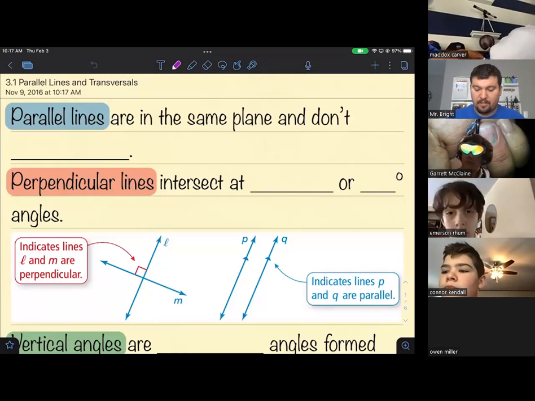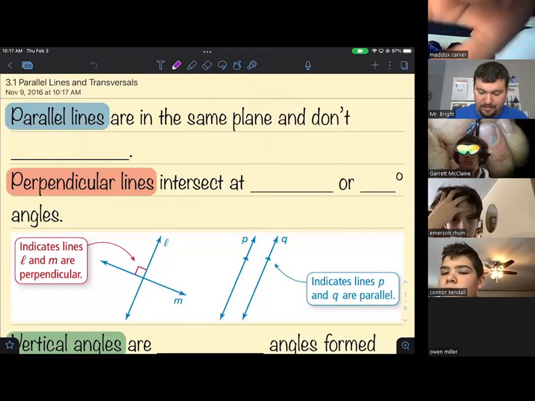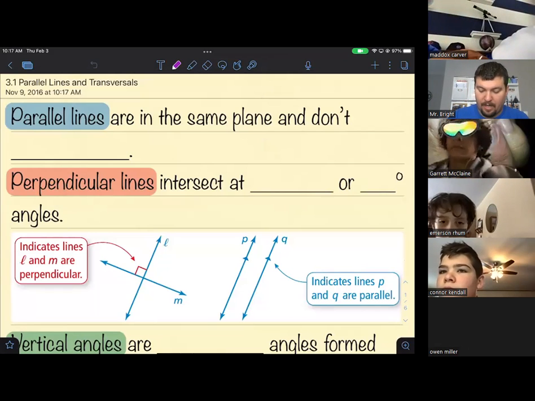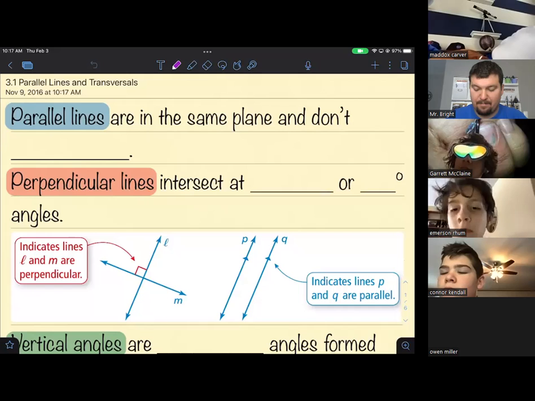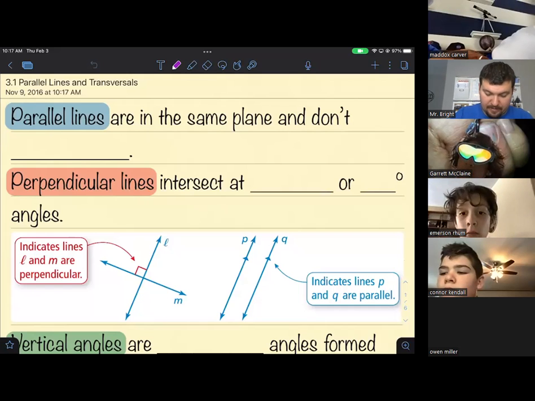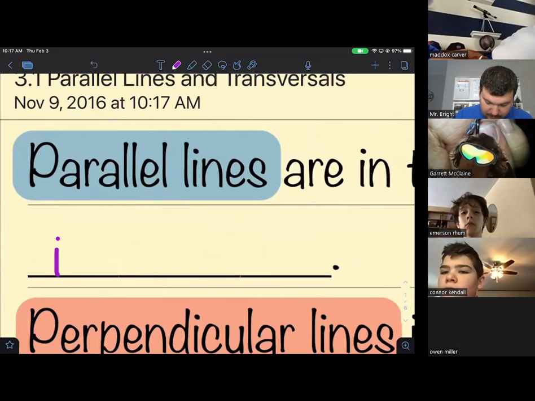Let's start talking about different types of lines. Our first type of lines are parallel lines, and parallel lines are lines in the same plane that don't intersect.